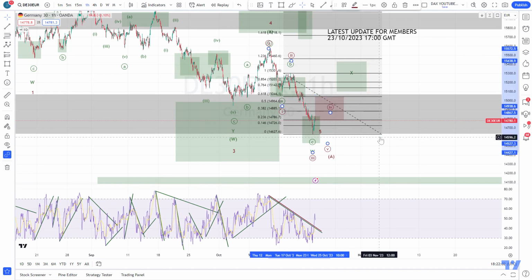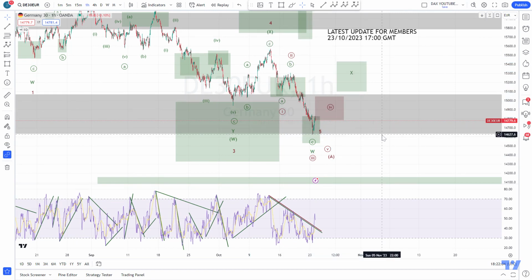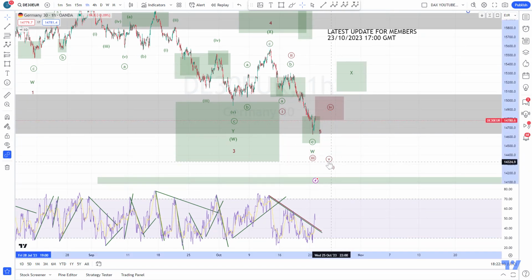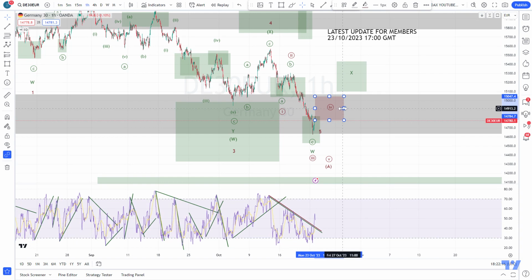So then we can expect a fifth wave down from here. That's a possibility. However, if we do not respect the wave 4 area, then we have a confirmation that we are doing the WXY scenario right here, as indicated in green.